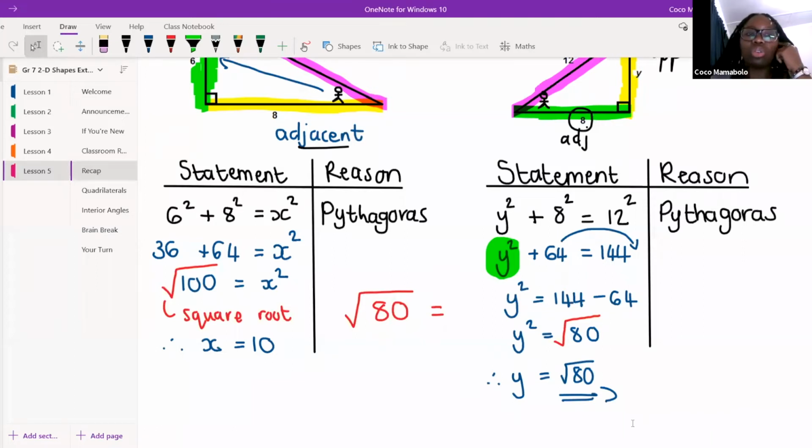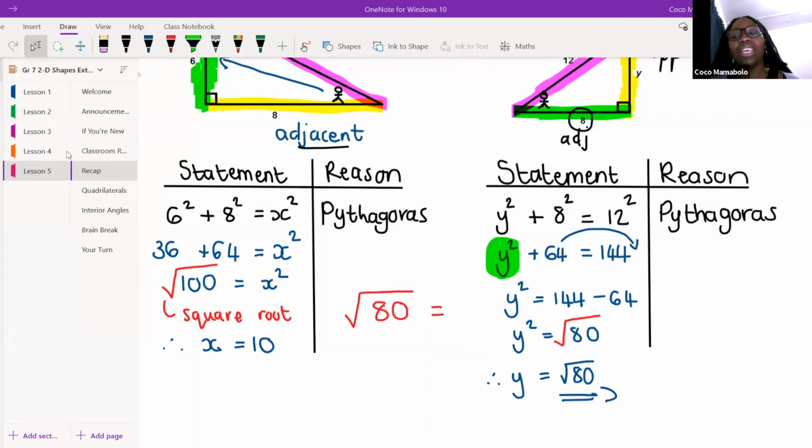Don't try and put all the decimals in there because some of them are recurring and they keep coming and you'll be sitting there forever. Leave the answer as a square root. I hope this makes sense. If you are still a little bit lost, guys, we did this last week, Wednesday. So I don't want us to have to do too many of them because we already did them.